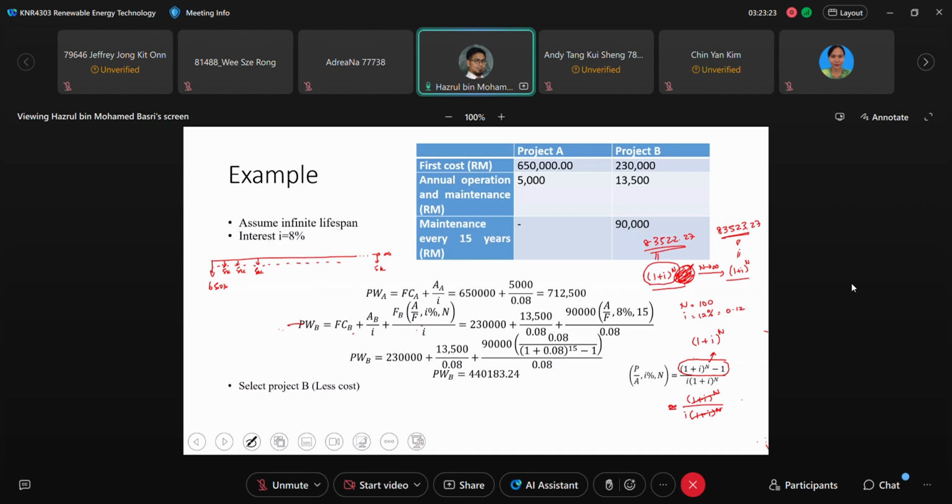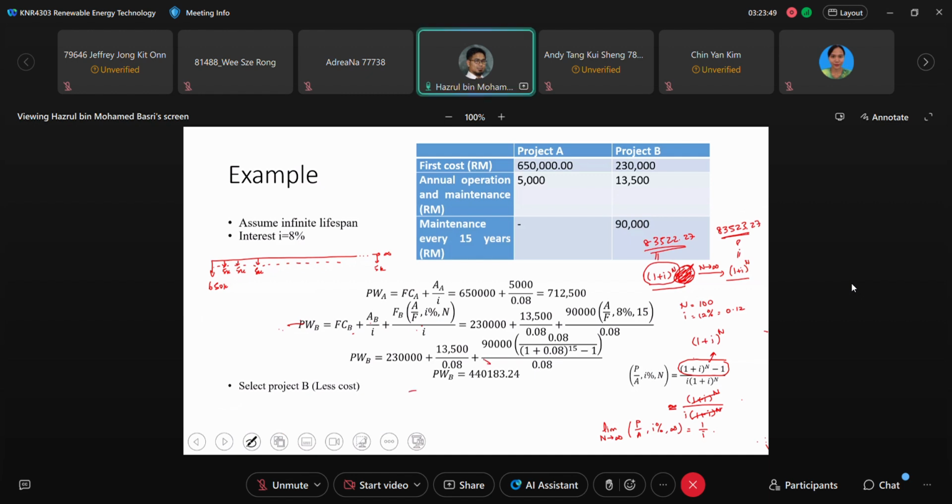Meaning that the limit when n tends to infinity of this compound interest factor P over A, I%, infinity, is equal to 1 over I.